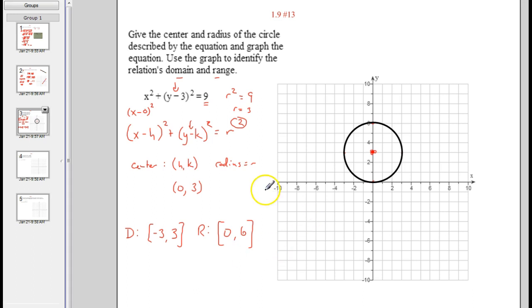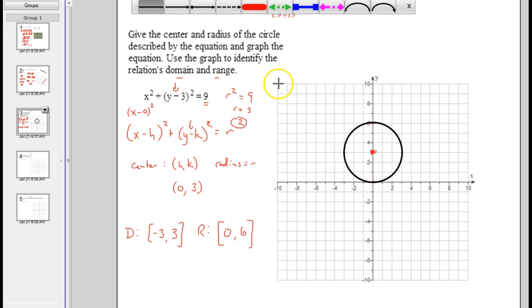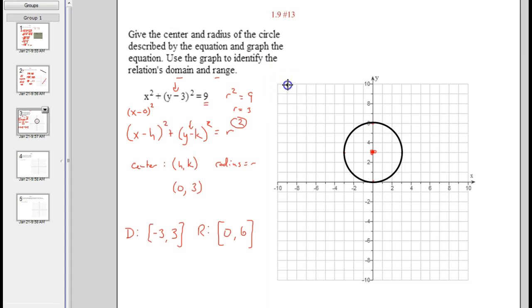Remember, domain is the x-coordinates. We talked about this at the very beginning of the semester. Think about a vertical line panning left to right, and you're asking, where does it start hitting the graph? It starts right there at negative 3 on the x-axis, and it keeps hitting the graph until it gets to positive 3 on the x-axis. So that's the domain.